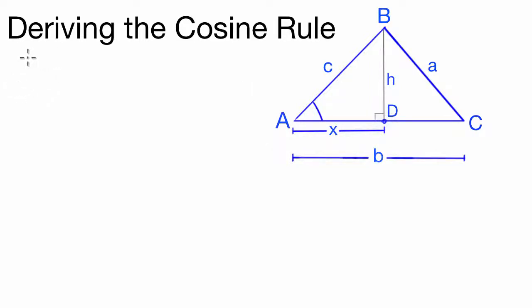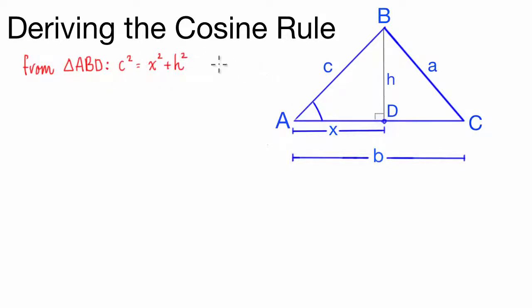So let's start with ABD. From triangle ABD, we can see that C squared is equal to X squared plus H squared.